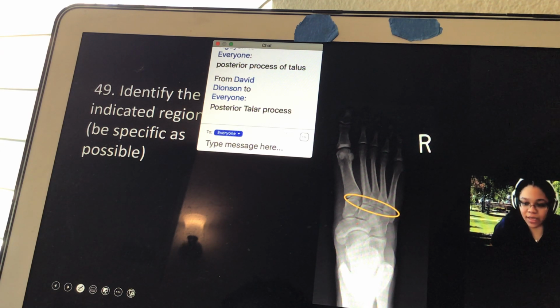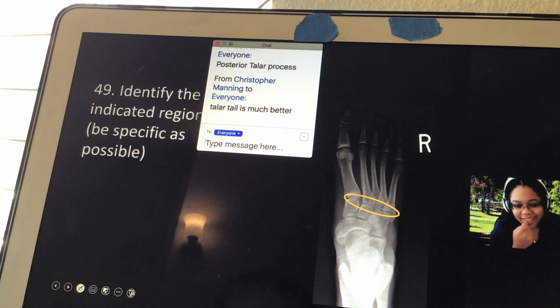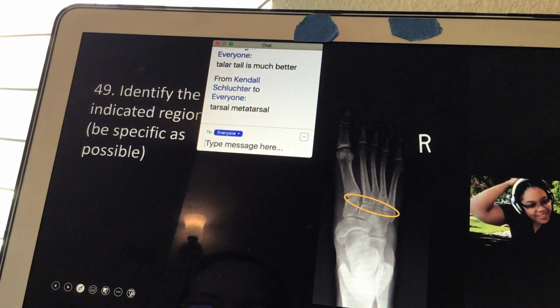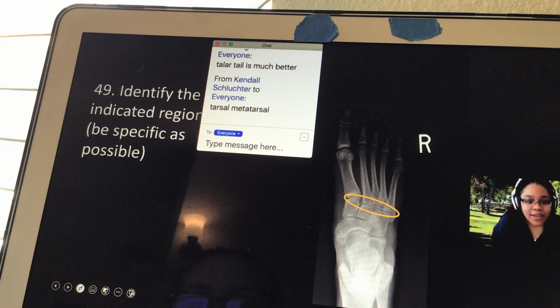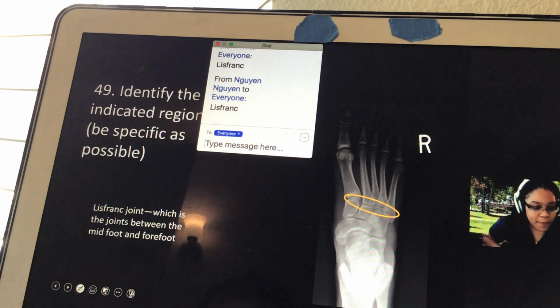Okay, so what's the name of that region there? I do like Tyler tail. Yeah, so this is our tarsometatarsal joints, and we can also name this as a Lisfranc joint.